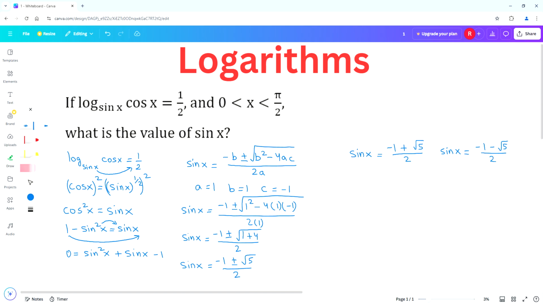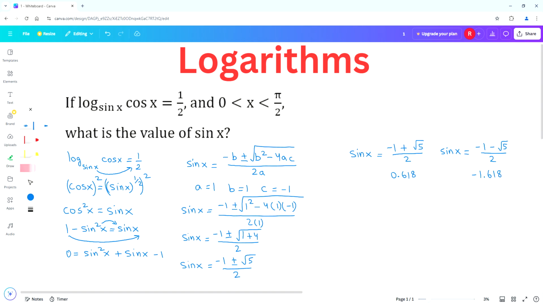Negative 1 plus square root 5 over 2 is equal to 0.618. Negative 1 minus square root 5 over 2 is equal to negative 1.618.